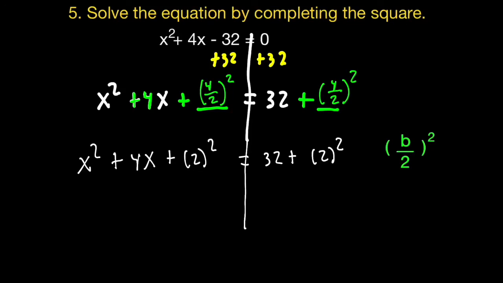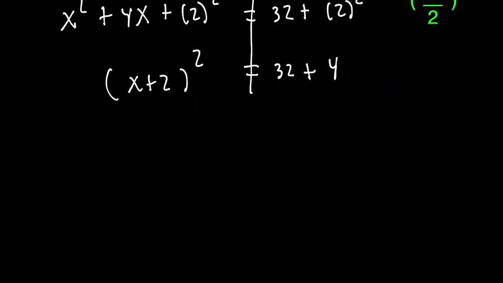Now I can exchange the perfect square trinomial for its binomial squared by grabbing x and 2. So we have x plus 2 squared, and then that's going to equal 32 plus 2 to the second power, which is 4. With a little bit more simplification, we have x plus 2 squared equal to 32 plus 4, which is 36.